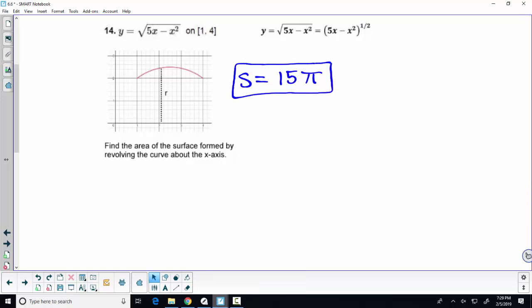Not sure how far you've gotten, but you should get 15 pi. I like to think it's right, and it works.